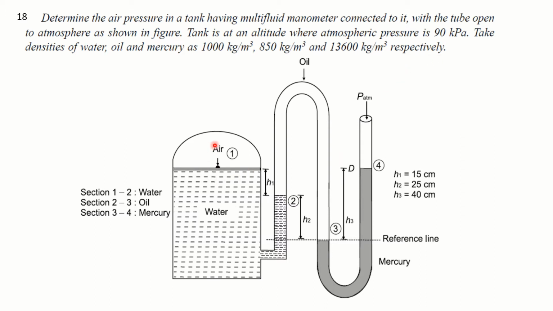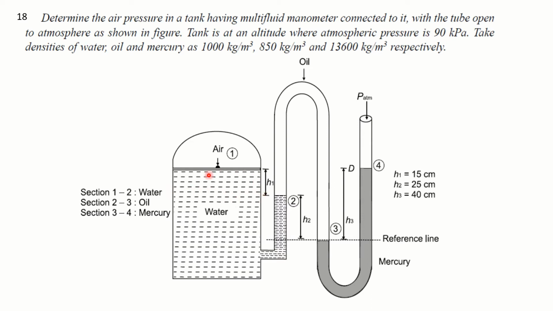Now you see here, you have to find the pressure here. We have water over here, we have oil here, then the mercury is balanced now. Whatever pressure that is acting here, let us call this pressure P1, plus this column you consider.